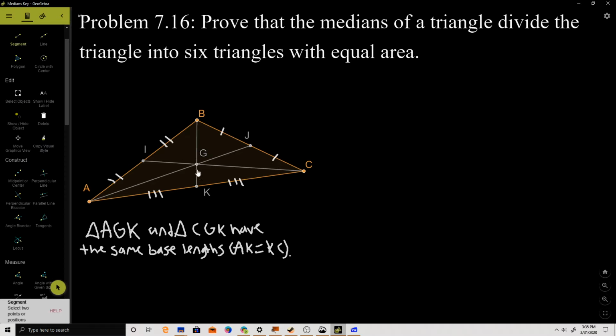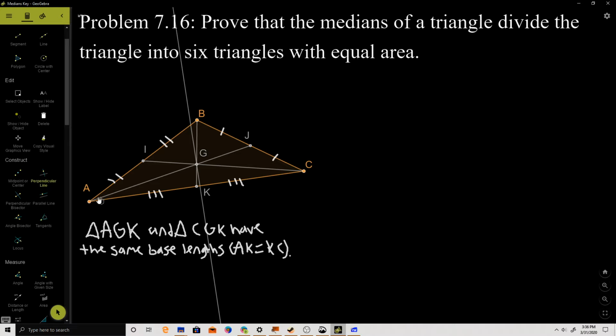So, I'm going to take my segment tool and draw a line that is about perpendicular to the base. Now, I'm having a hard time seeing where it would be. So what I'm actually going to do is the perpendicular line would get me the same thing. If I draw a line that's perpendicular to this base AK, it's going to automatically make that altitude for me with the 90-degree angle.